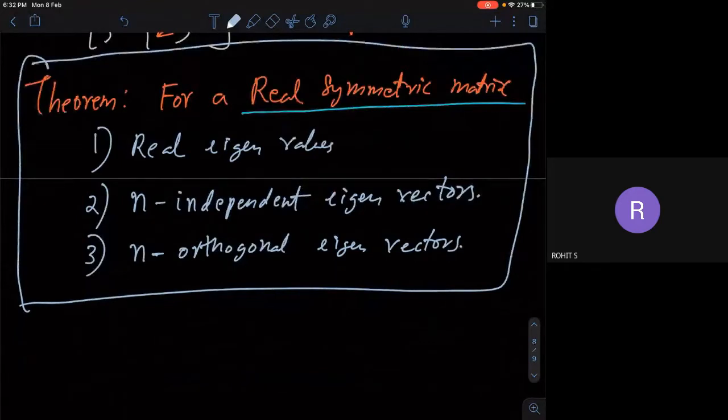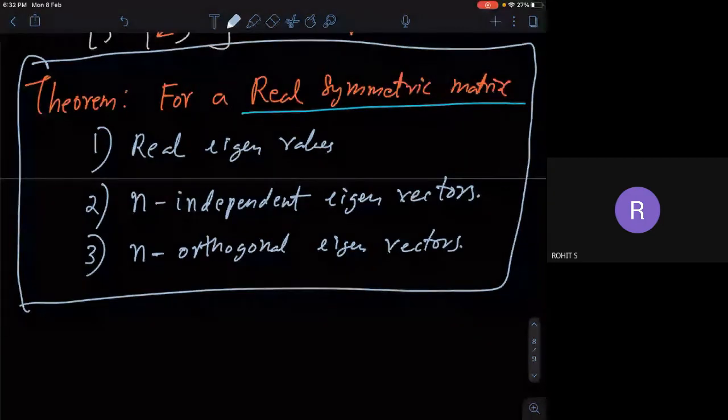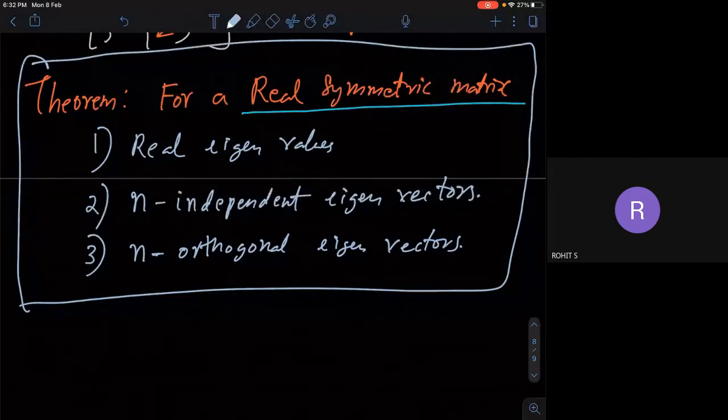So for real symmetric matrices, the eigenvalues are real, the eigenvectors are independent, and not just that, the eigenvectors are also orthogonal to each other. You know what orthogonal means? Perpendicular to each other. So you have n independent eigenvectors, each of them perpendicular to each other. It's a very nice property, and these properties will help you in certain ways.